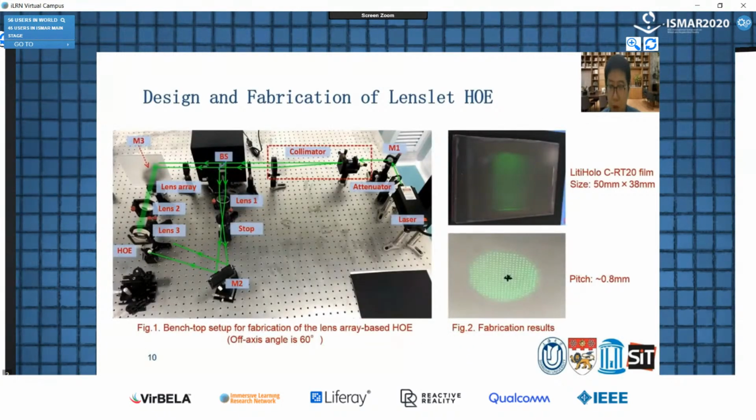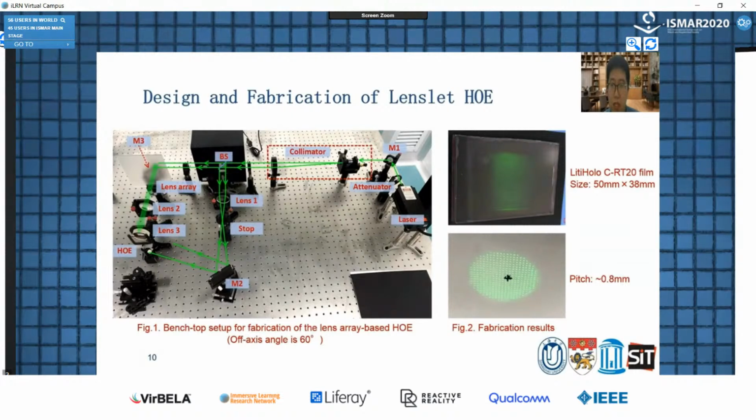We built a HOE fabrication setup on the optical bench and put a piece of hologram material on the HOE clamp in a dark environment. The interference pattern between the signal beam and the reference beam is recorded on the hologram film by exposure for several minutes. The lens-array HOE fabrication is completed after bleaching out with an ordinary light bulb.